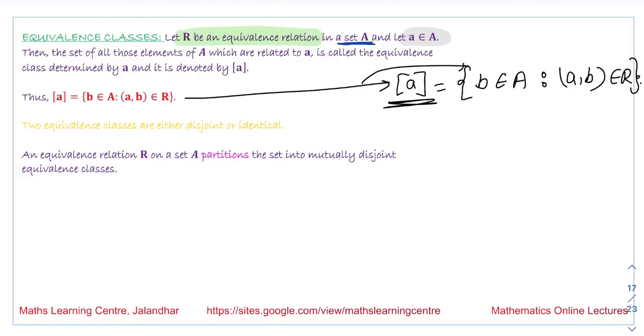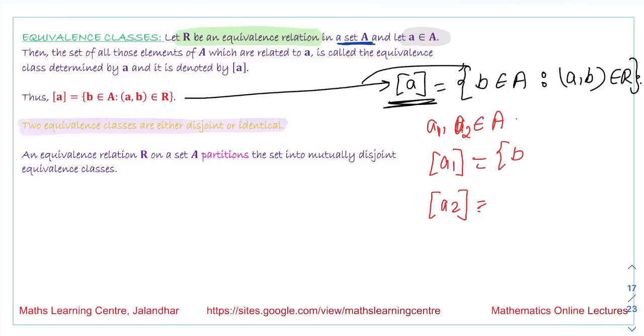The first property we have is that two equivalence classes are either disjoint or identical. It means if I am talking about any set, I am saying there are two elements, say a1 and a2, from A. I am writing the equivalence class of a1, and I am writing the equivalence class of a2.